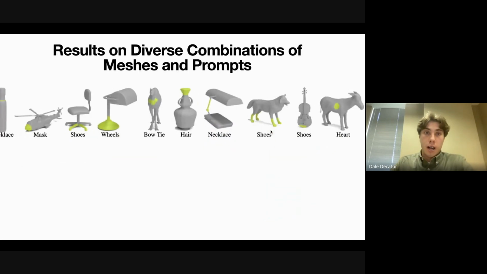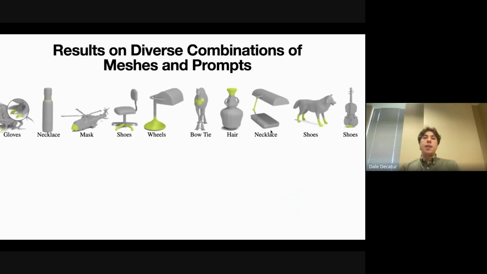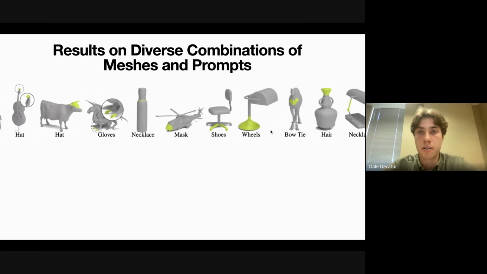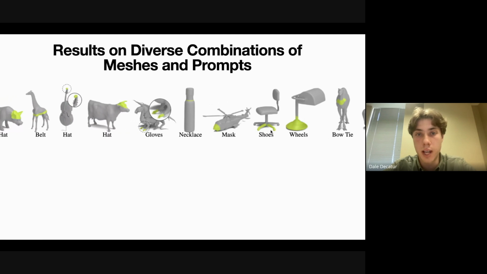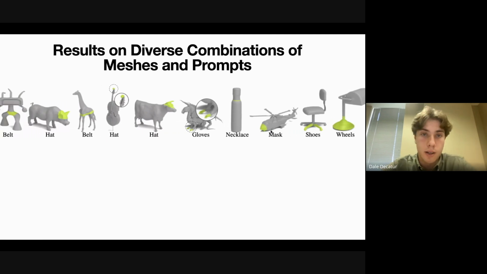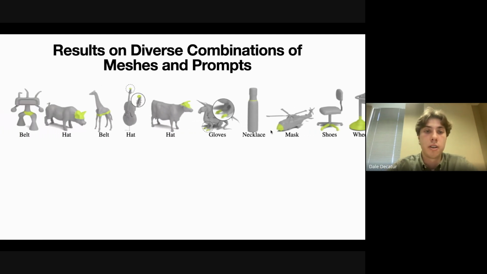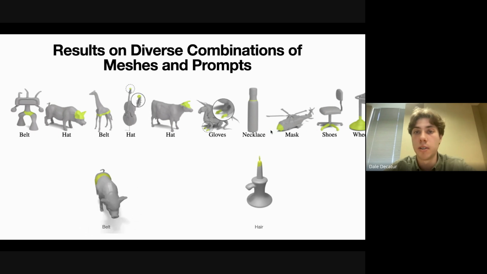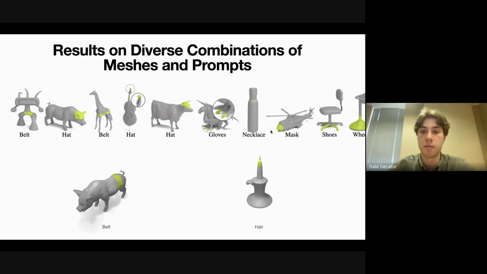And here are some of the results from 3D Highlighter. As you can see, we're able to get nice results on a diverse combination of different meshes and prompts, as you can see here from the top row. Because they're diverse, we're able to get results on things like animals and household objects. So we're not limited to one category. We're able to use the generalization abilities of these 2D models.